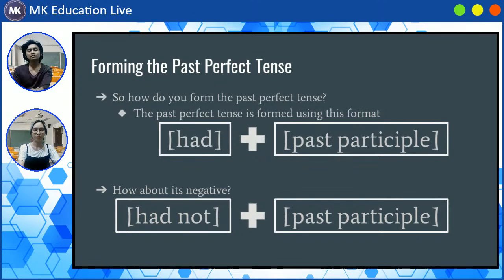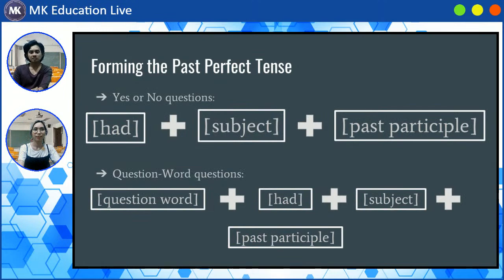Its negative is made simply by adding not to the had: subject plus had not plus participle. Now, the questions. For yes or no questions, we invert or exchange the had and the subject: had plus subject plus past participle. For question word questions, or questions which you want a lengthy answer to, you should use this format: the question word plus had plus subject plus past participle.